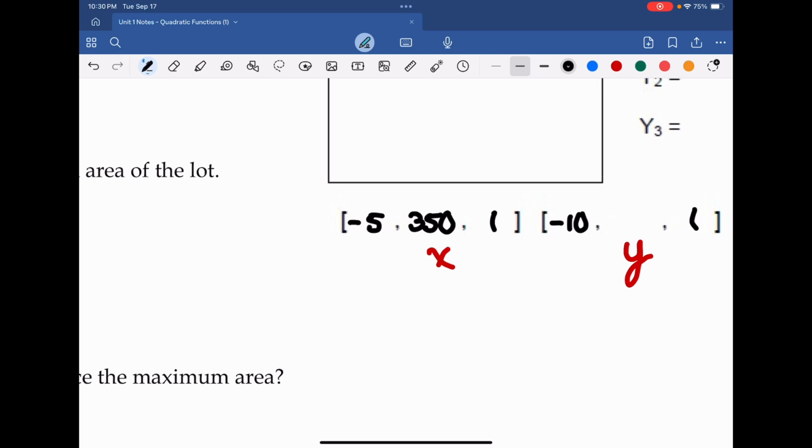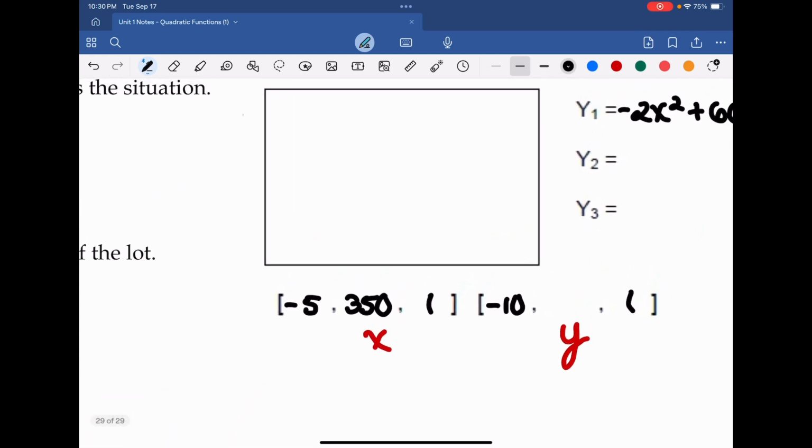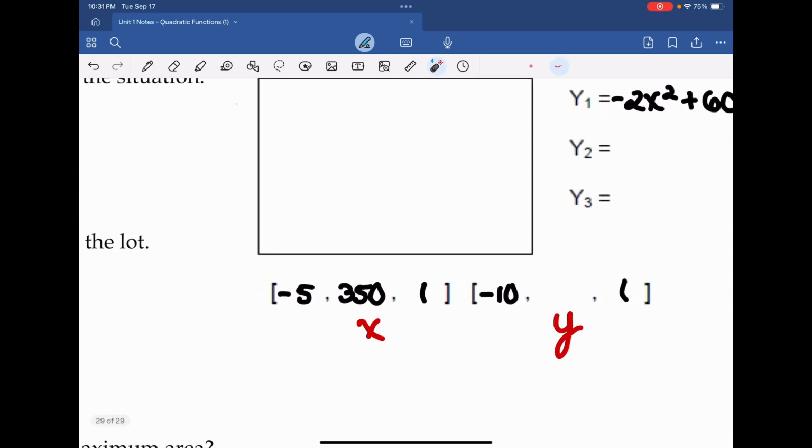Now, in terms of y max, this is where you're going to have to do a bunch of guess and check, because under the original settings you'll probably get a graph that looks like that. You won't even be able to see the maximum. So if you have a graph that looks like this, keep increasing the overall y max. Similarly, if you got a graph that looked like this, that means you have to increase both your x and your y, because you can't see where it came down on this other side. If you cannot see this side, or you can't see the maximum, it means you have to adjust both.